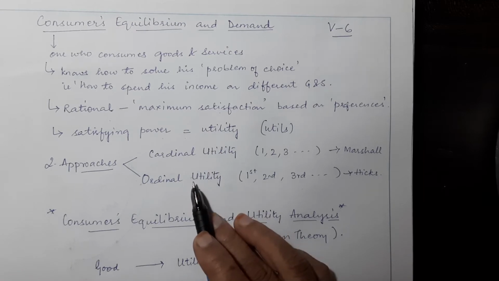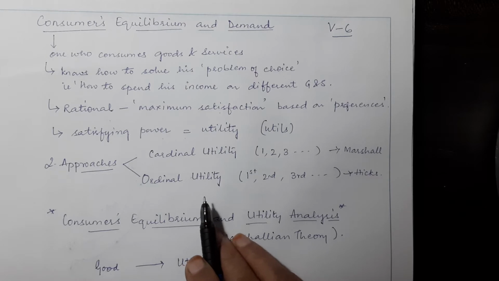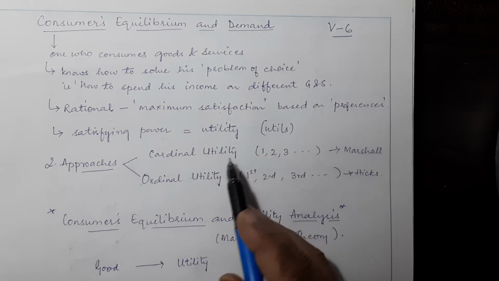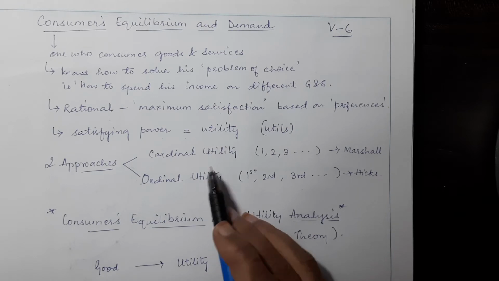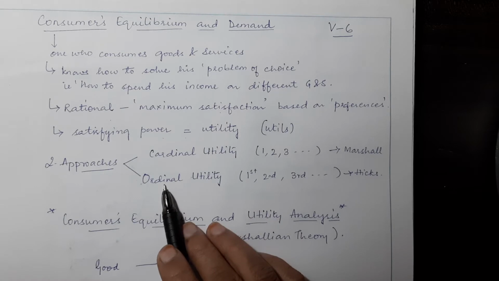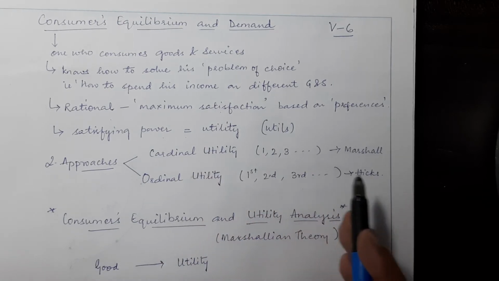These are not new words. This we have learnt in our previous mathematics classes in primary. Cardinal numbers are 1, 2, 3, 4, 5, right? Then ordinal numbers are first, second, third, fourth, fifth, and so on.